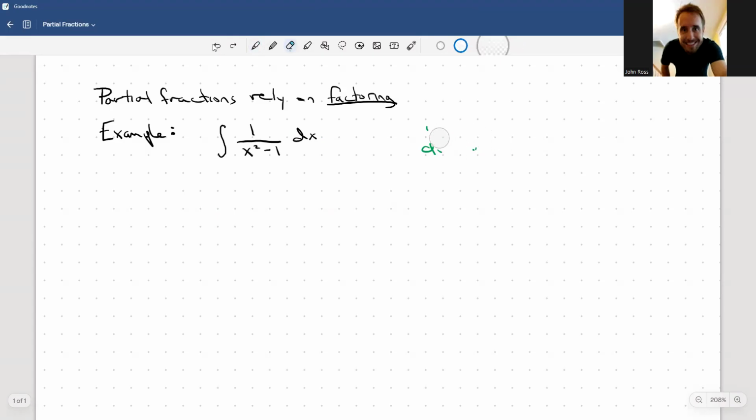Instead, we'll learn this new technique, the method of partial fractions. And partial fractions will rely on factoring. So let me draw a bigger scratch work area here.